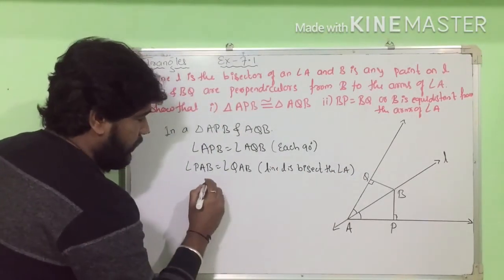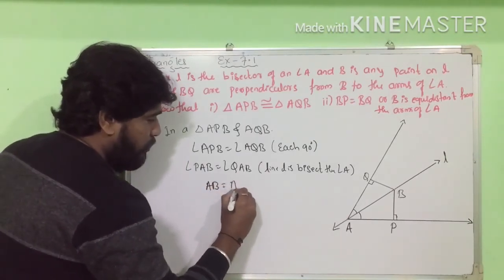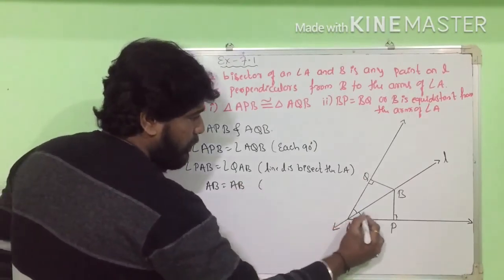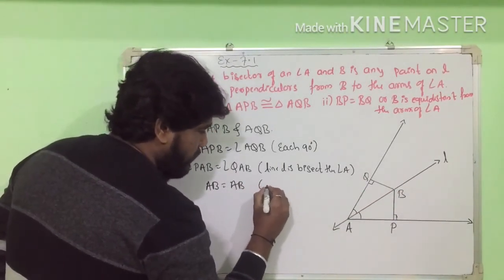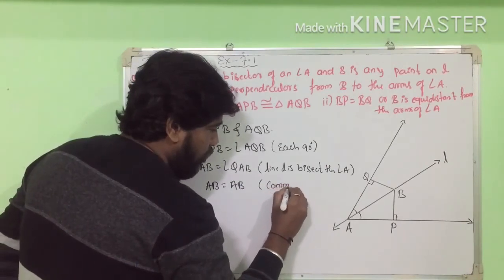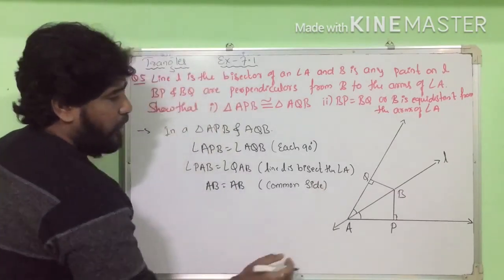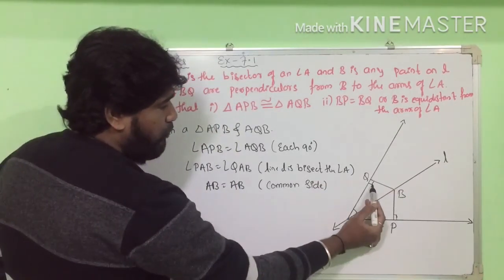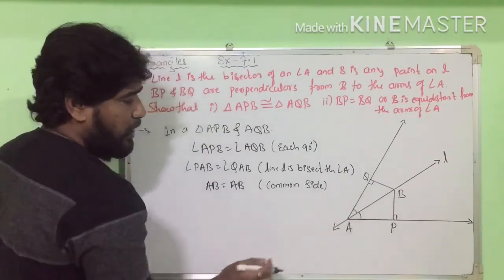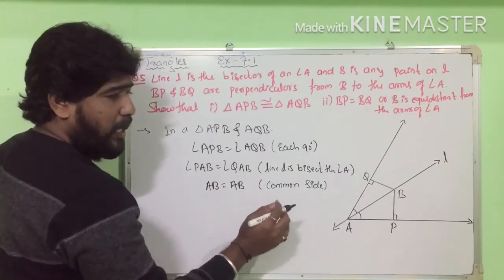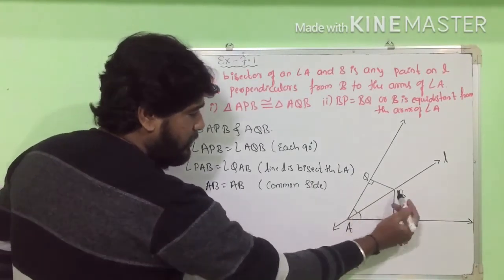And another one, AB is equal to AB. AB is common to these two triangles, common side. Right? So in these two triangles, we have two angles and one side equal, which means these two triangles are congruent to each other by AAS, angle angle side.